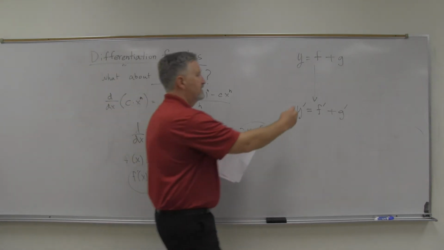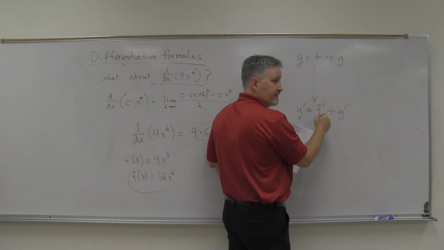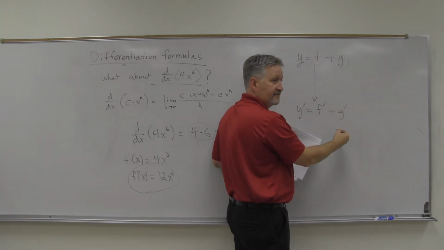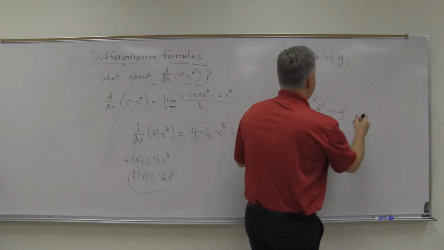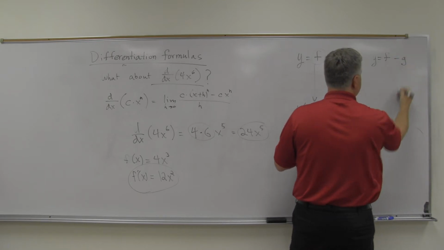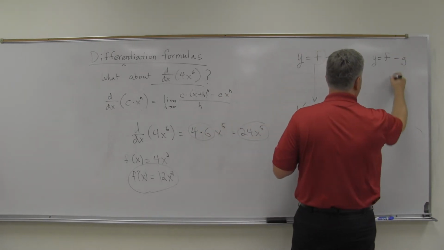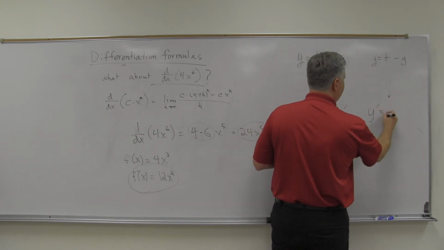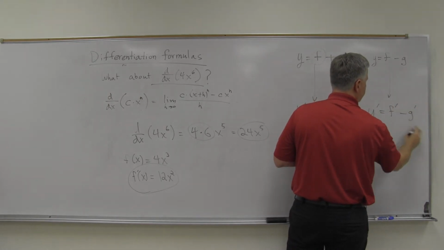Which means all I have to do if I've got addition is take the derivative of that, and then add it to the derivative of that. It's very nice. And then at the bottom of that page, for f minus g, if we've got subtraction, long story short, you take the derivative of f minus the derivative of g.